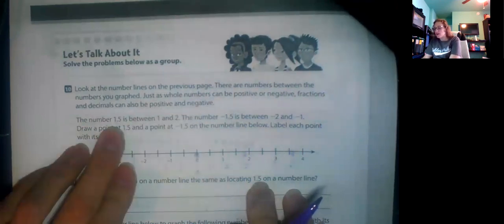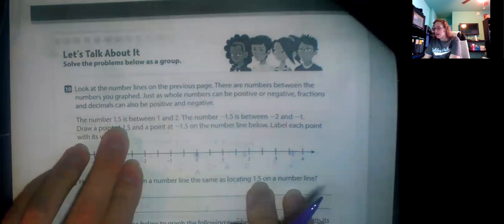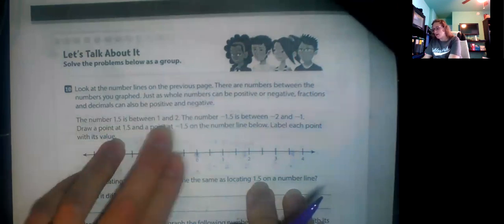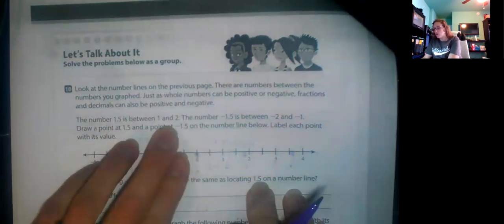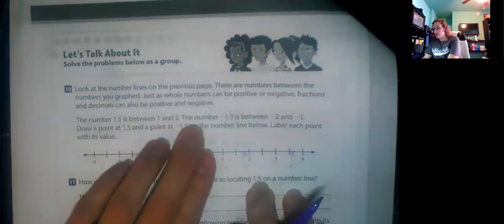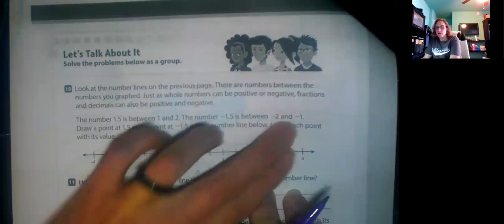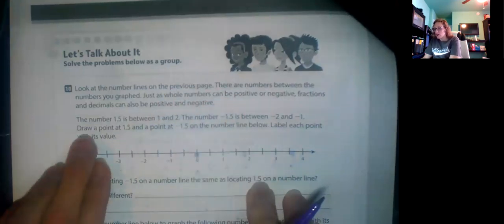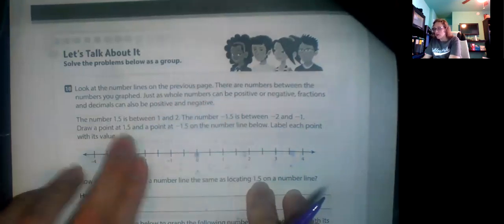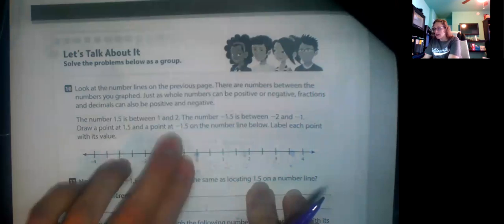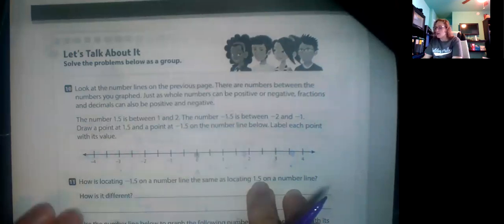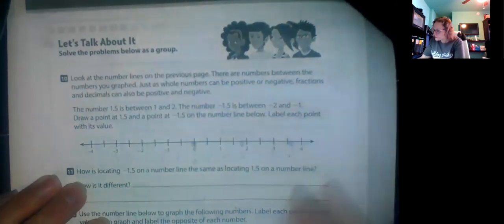The number 1.5 is between 1 and 2 because it's 1.5. The number negative 1.5 is between negative 2 and negative 1. Draw a point at 1.5 and a point at negative 1.5 on the number line below and label each point.